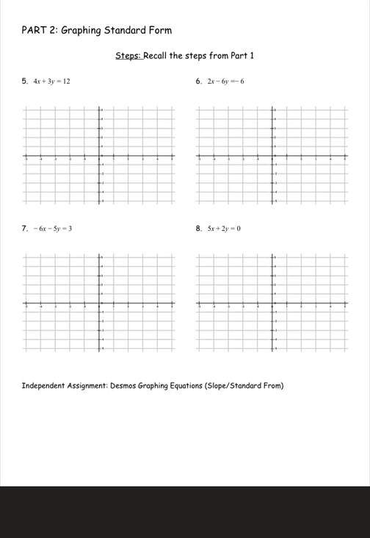So to start off with number 5, we have 4x plus 3y is equal to 12. Of course we know that our equation is in standard form, so we have to put it in slope-intercept form. So we have to solve for y.